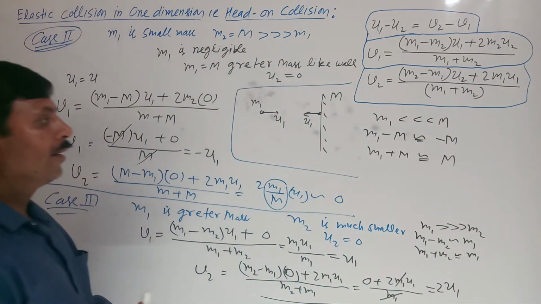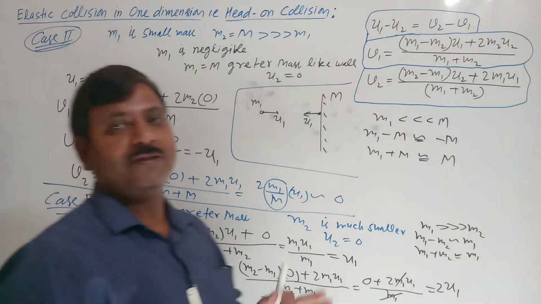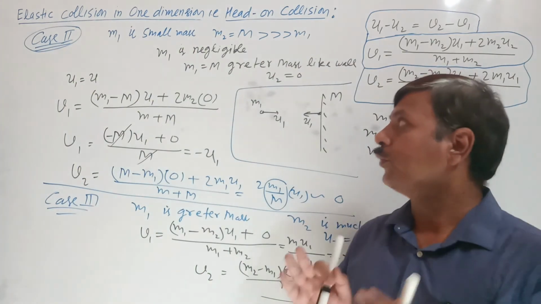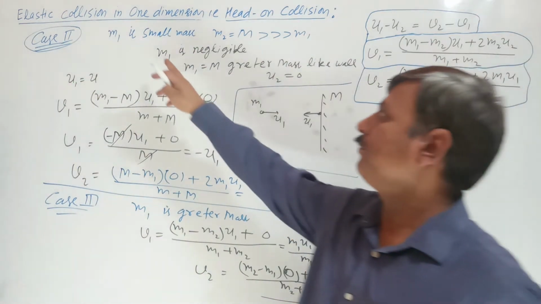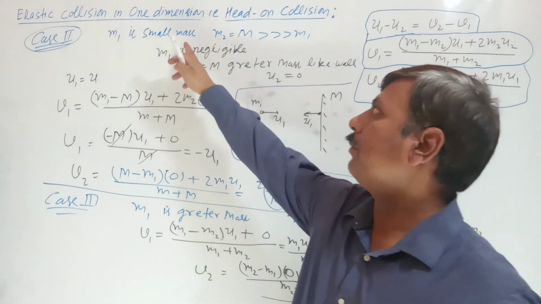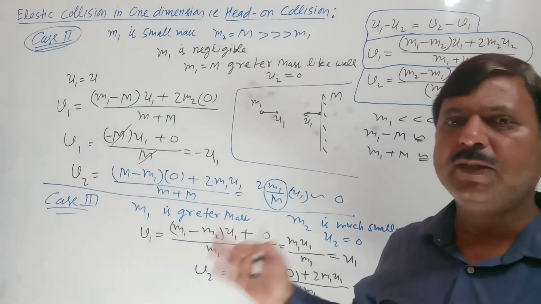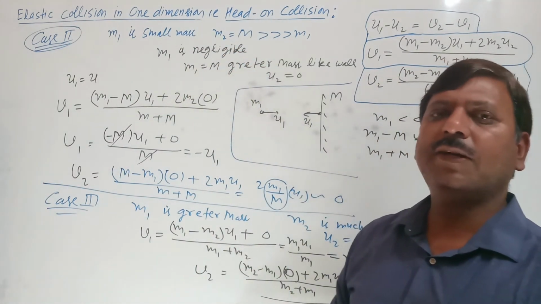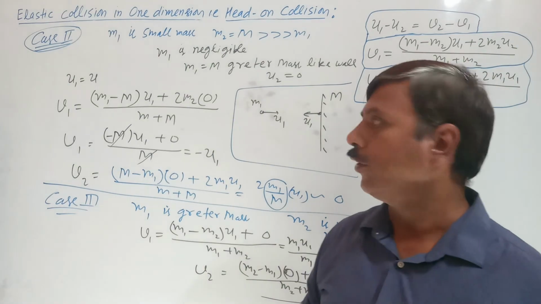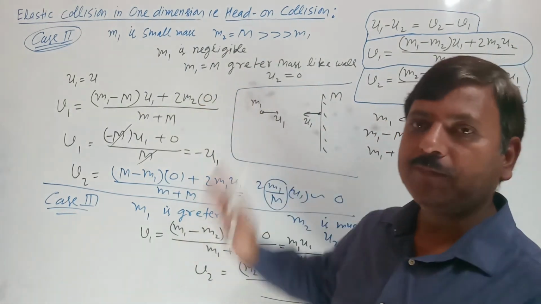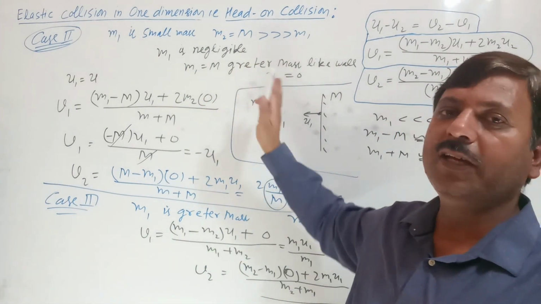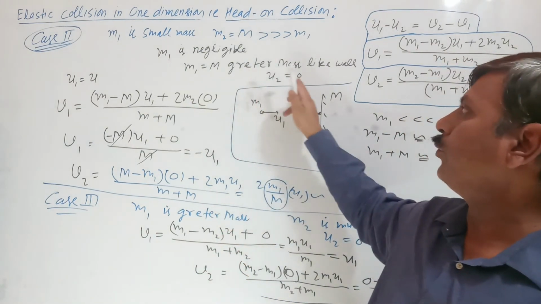See, I have taken two cases. In one case, the first mass is very small and the second mass is much greater. We took an example, the collision of a gaseous molecule and a ball. After collision, the second ball is taken as stationary, U2 is equal to 0.